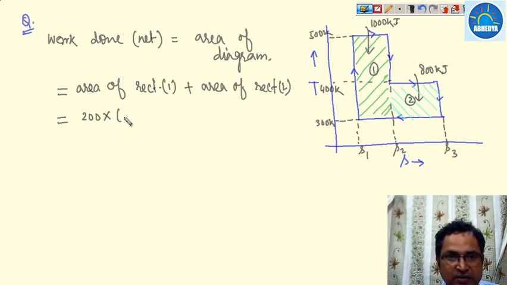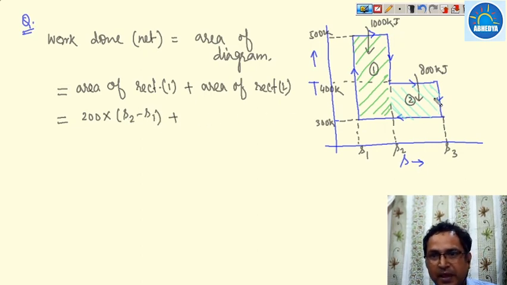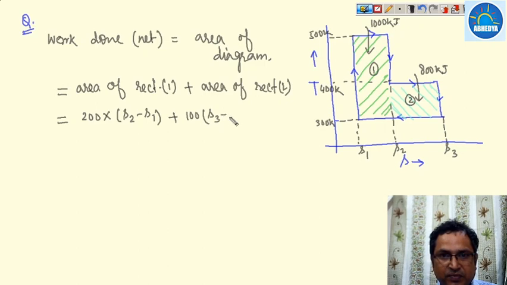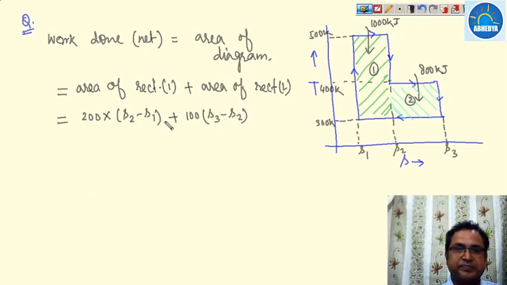S2 minus S1, plus what is this distance? This is 100 into what is this? This width is S3 minus S2. So this is W net.